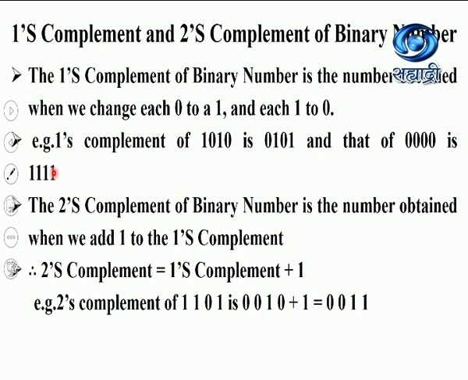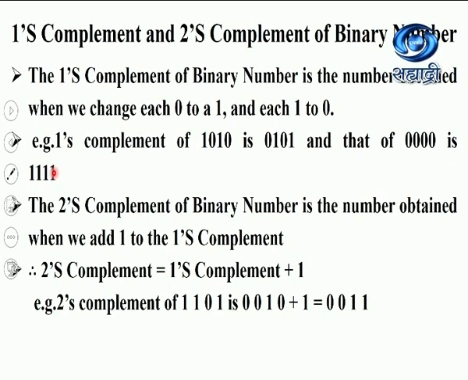The twos complement of a binary number is the number obtained when we add 1 to the ones complement number. Therefore, twos complement is equal to ones complement plus 1.